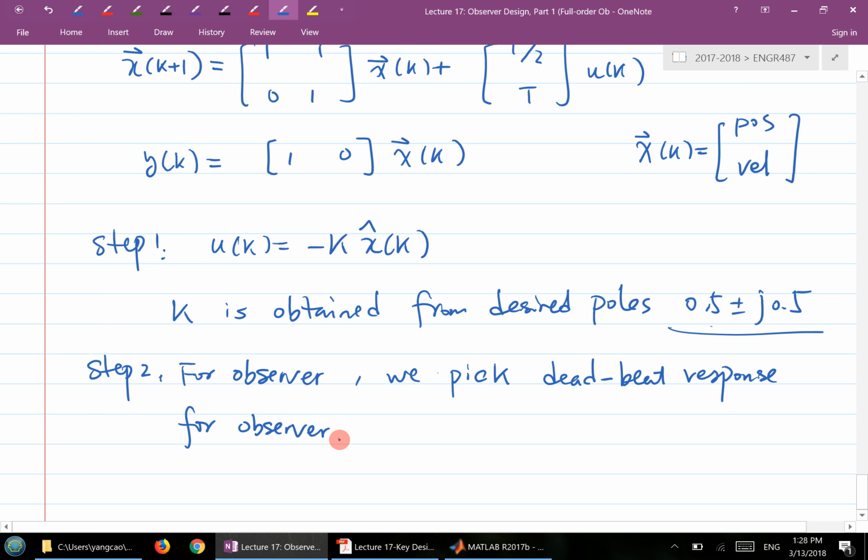If you remember, we have a deadbeat response for designing K, right? What does deadbeat response mean in terms of the pole location? At 0. So essentially, for the observer, we want to place the poles at 0.